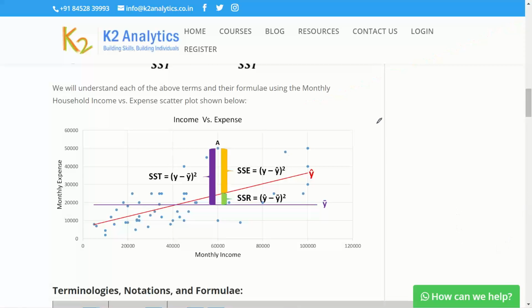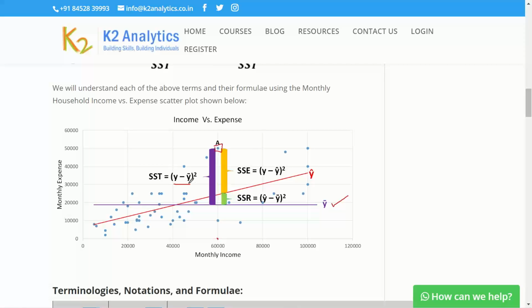Let's start once again. We are considering this particular household. If we don't have a model, this purple line, y bar, is my mean estimate. So my error is y minus y bar. Here I'm showing it in squared terms, but y minus y bar is the error without the model.